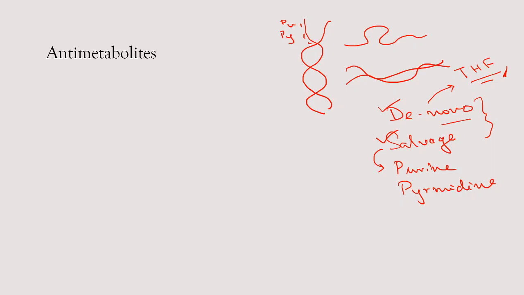But what we see is that these antimetabolite drugs can replace both the purines or pyrimidines and the THF at the same time, resulting in faulty metabolism. Faulty metabolism means faulty synthesis of DNA.